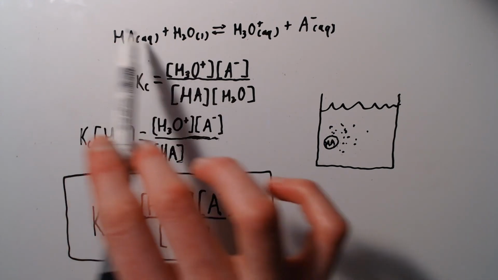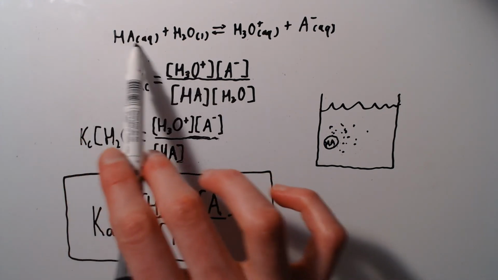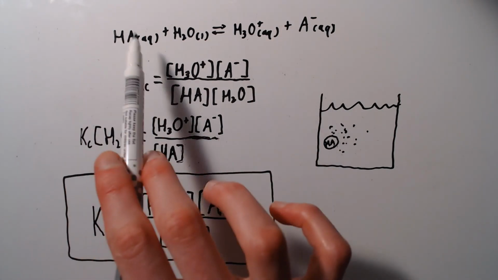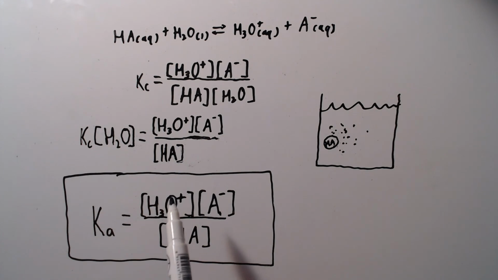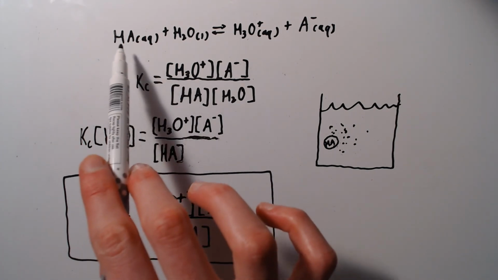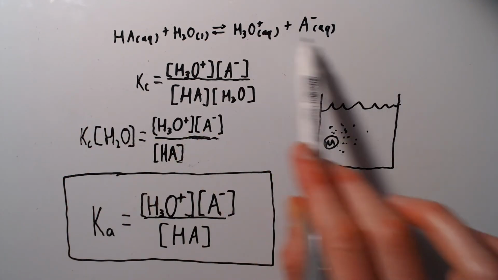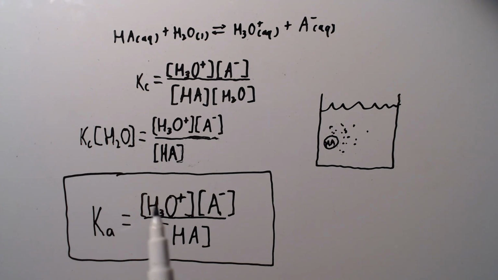And when a lot of this actually dissociates, very little of it remains. So this denominator decreases, and this numerator increases. So the Ka really increases for a strong acid, because it dissociates so much. And if the acid dissociates very little, so most of this remains, and very little of these are actually produced, then most of the acid remains.